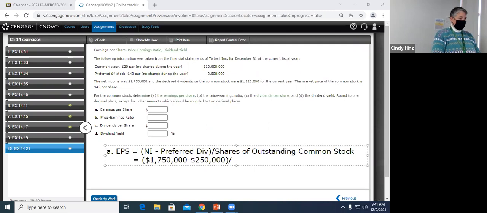We're not told how many common shares there are either, but we can figure that out, because it's a $20 par value and we have $10 million in that common stock account. So $10 million divided by $20 per share is a total of 500,000 shares outstanding.